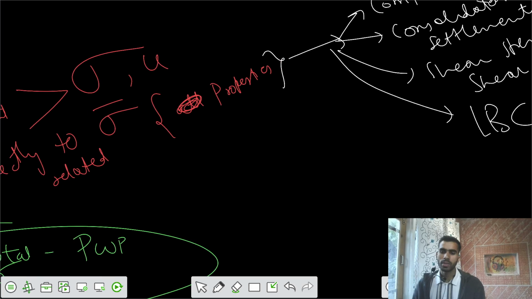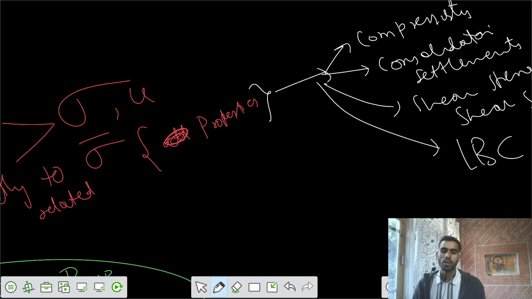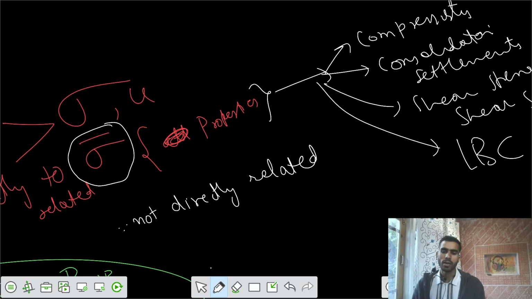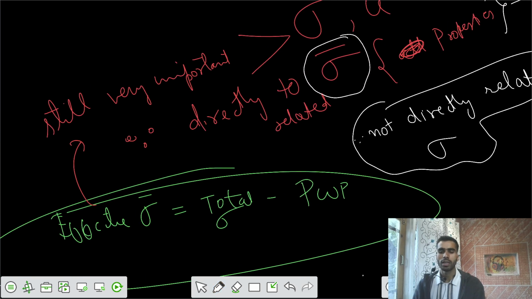So these are the chapters of your geotech, and all those properties of your soil are related directly to effective stress. They are not directly related to total stress, but they are related directly to effective stress. So effective stress is a very, very important tool for geotechnical engineering.